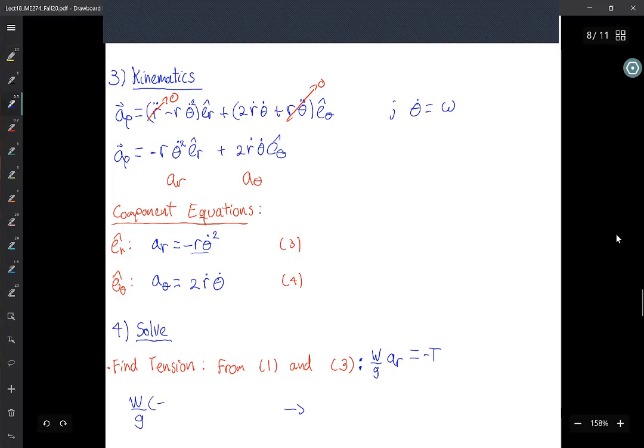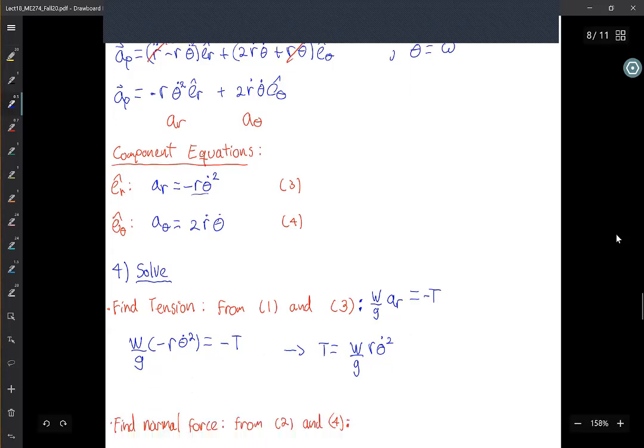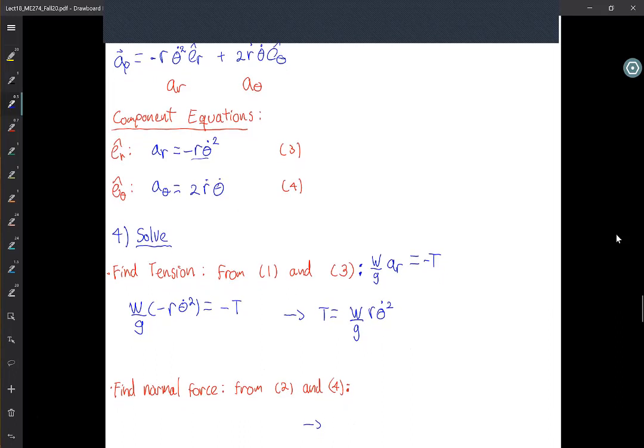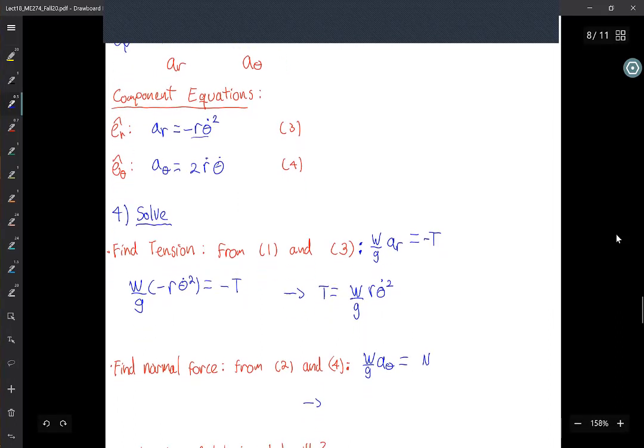Negative r theta dot squared equals minus tension. So then tension equals, everything positive there.